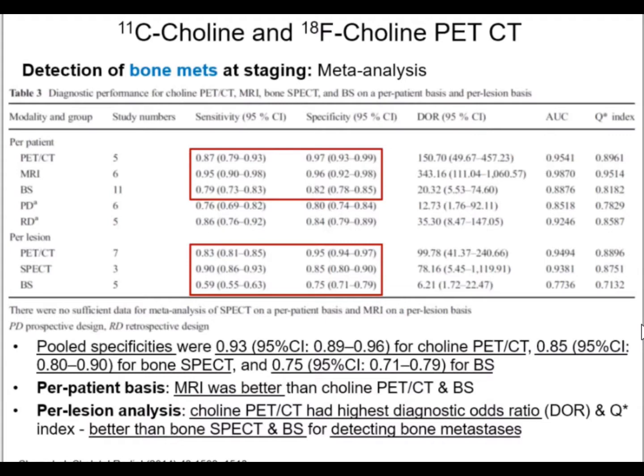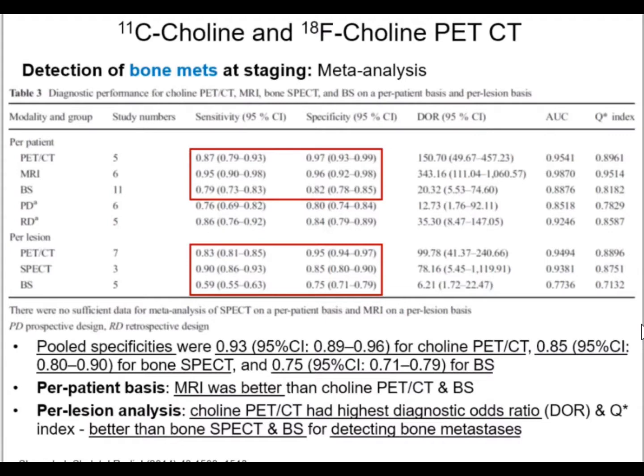I don't want to overload with all the information, but if you look at the sensitivity and specificity, generally for PET the specificity is high and the sensitivity is good. This is per patient and per lesion. The pooled specificity was 0.93 for choline PET, 0.85 for bone SPECT CT, and 0.7 for bone scan alone.